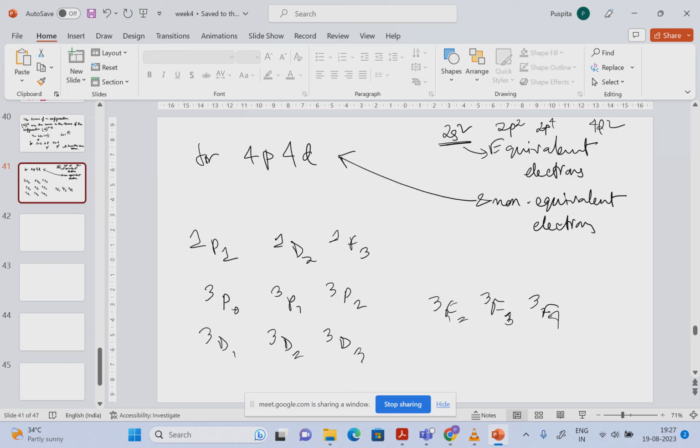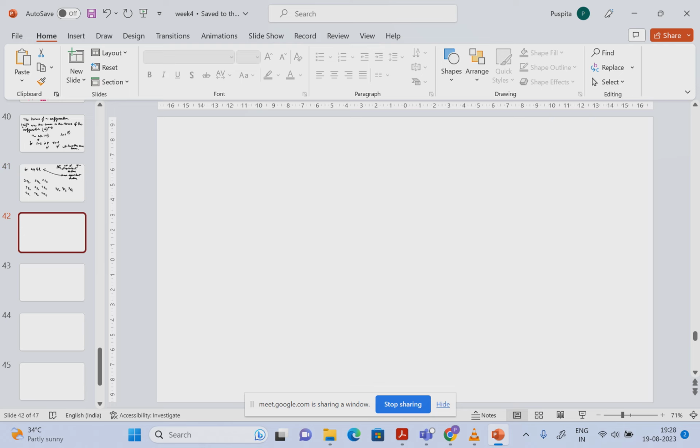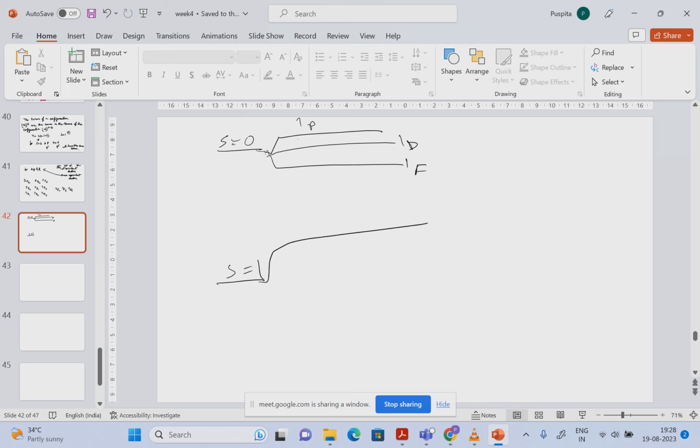So S is equal to 0 will be at the upper state, S is equal to 1 will be the lower state. This is 1P, this is 1D, this is 1F.